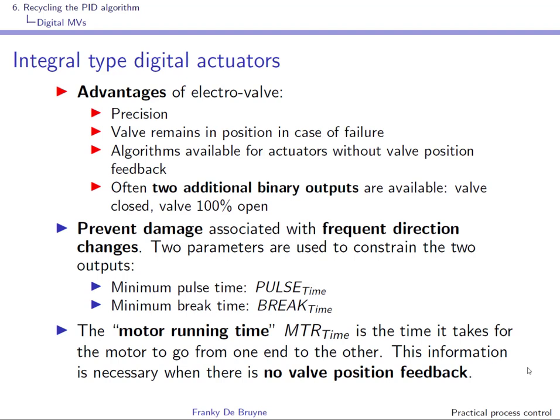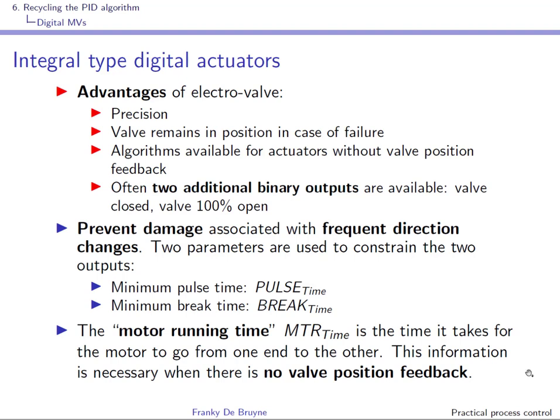Well, usually the valve position is available for feedback. If this is not the case, we'll have to find an algorithm that does without, and it is in this case that these two additional binary outputs can be used.